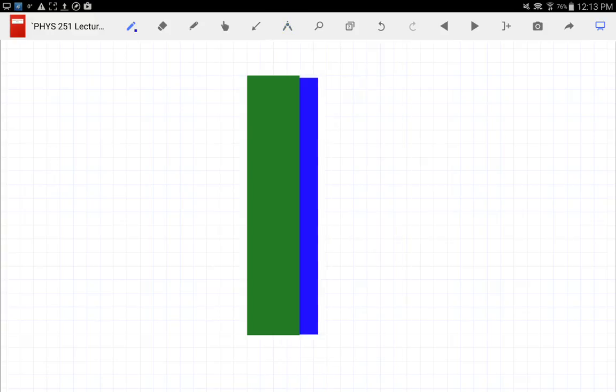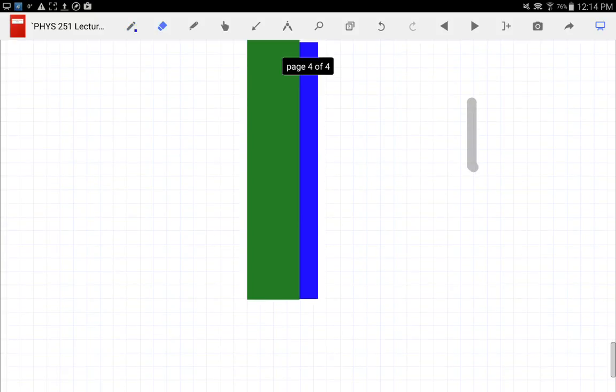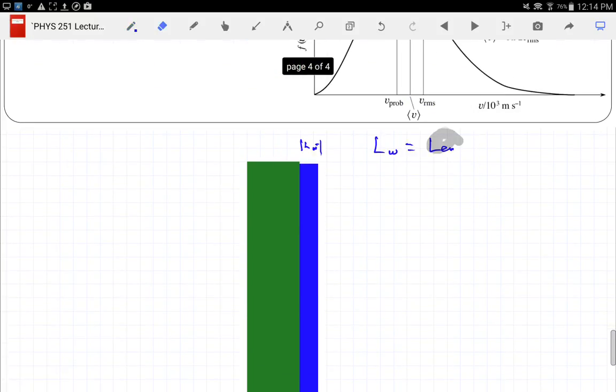And they give you information about, I'm going to say LW equals the thickness of the wood, which was 2.50 centimeters in that problem.